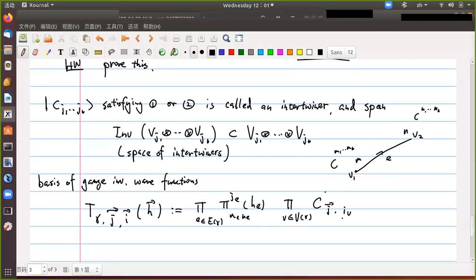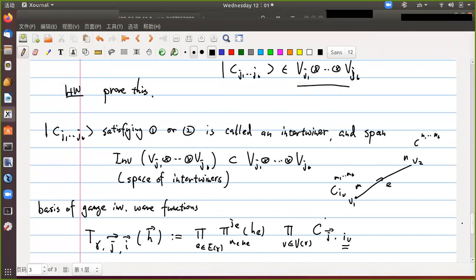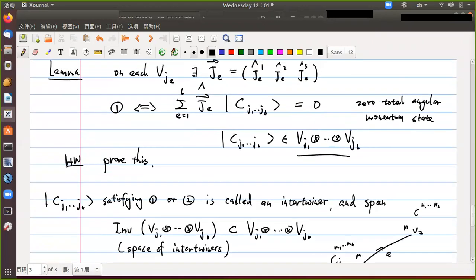Here this C has another index, I of V. This I of V is just labeling a basis in this invariant Hilbert space. The solution of the zero total angular momentum condition is not unique; you get multiple solutions, and it spans a finite dimensional Hilbert space in general.